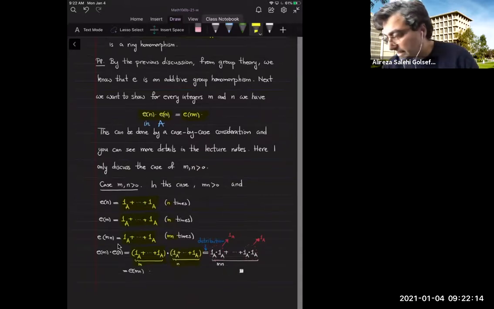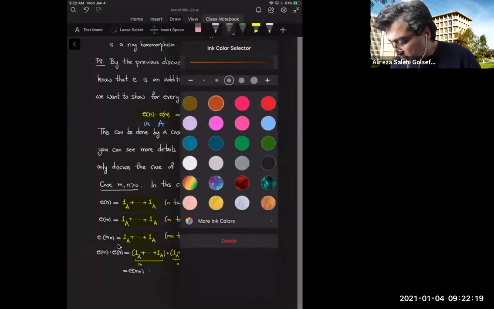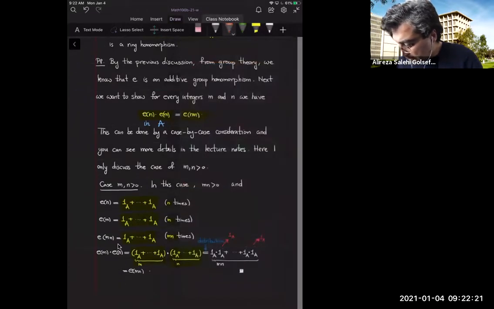This multiplication is done inside the ring.